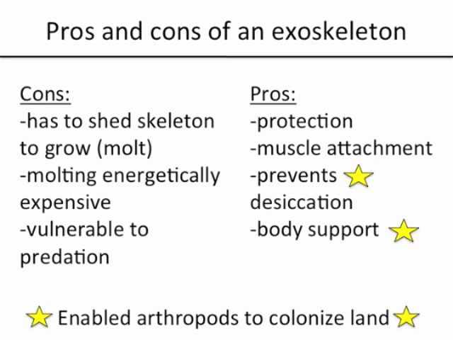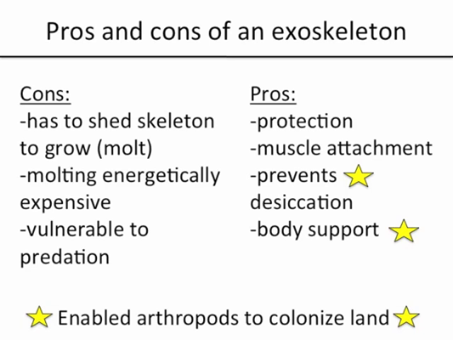All right. Two of these pros, body support and preventing desiccation, are what enabled arthropods to colonize land. Without the exoskeleton to prevent them from drying out, and without the exoskeleton to support their body weight, they would not have been able to leave water.